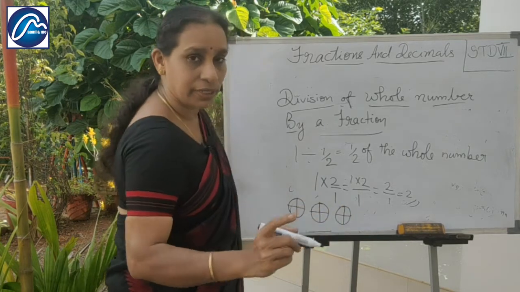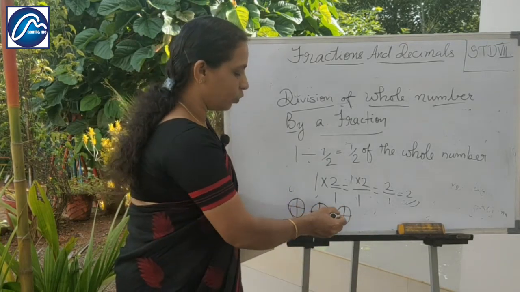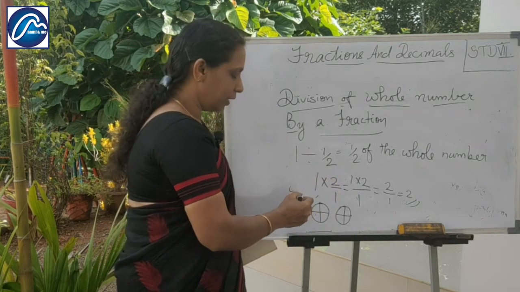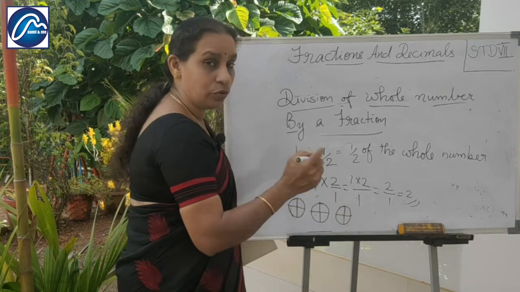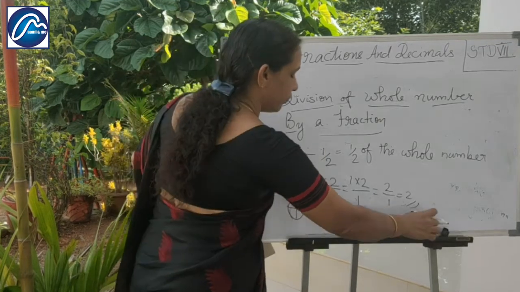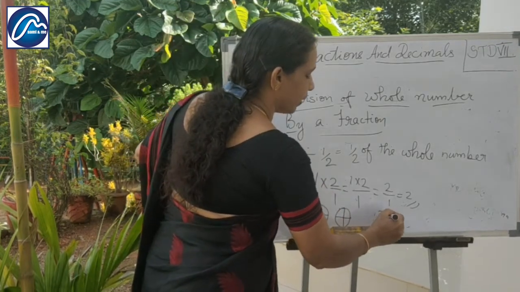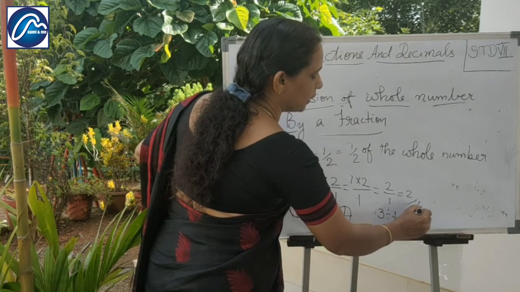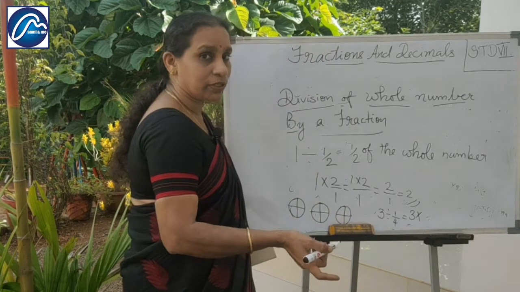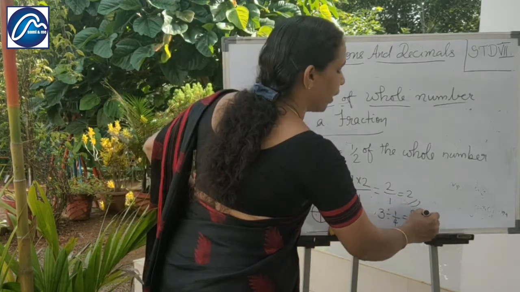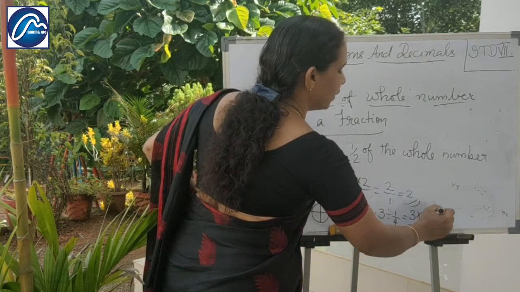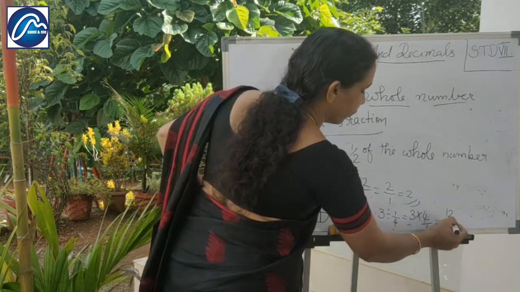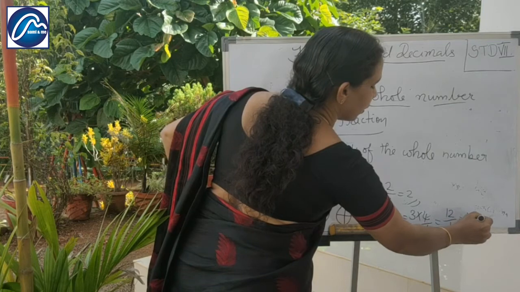What we have done is, 3 whole things were there, and we have divided all of them into 1 by 4. So we say 3 divided by 1 by 4. What we have to do is 3 into the reciprocal of 1 by 4, which is 4 by 1. So 3 into 4, 12. The denominator is 1, so the answer is 12.